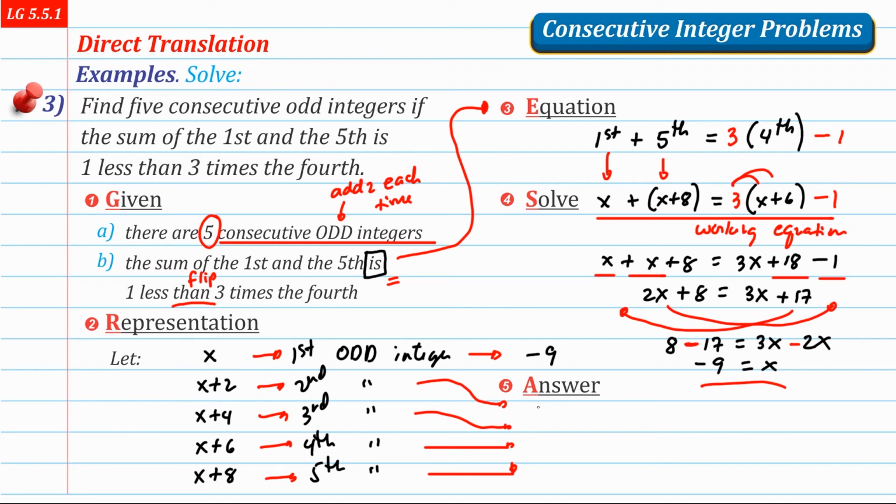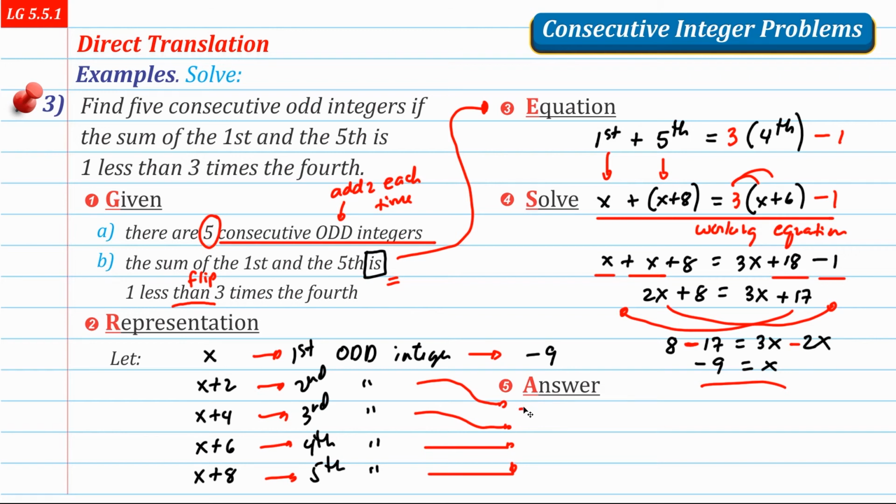Negative 10? Ay, add pala. Negative 11, negative 13, negative 15, negative 17. True or false, guys? Is that the answer? Be careful! Didn't we say we will add 2?